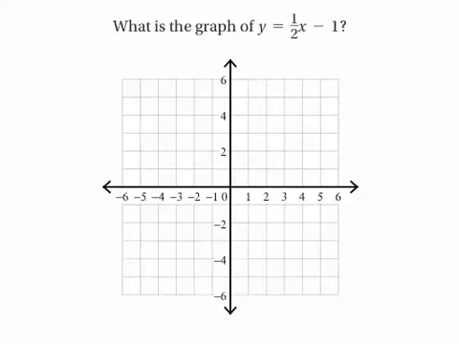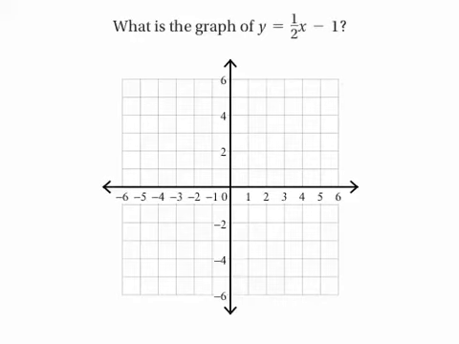The last example says, what is the graph of y equals 1/2 x minus 1? When I'm given an equation in slope-intercept form, I'm always going to start in the coordinate plane on the y-intercept. If you notice, this equation gives me that the slope is 1 over 2, which means my rise would be 1, my run would be 2, or I would need to go up 1 and to the right 2, and my y-intercept is -1.